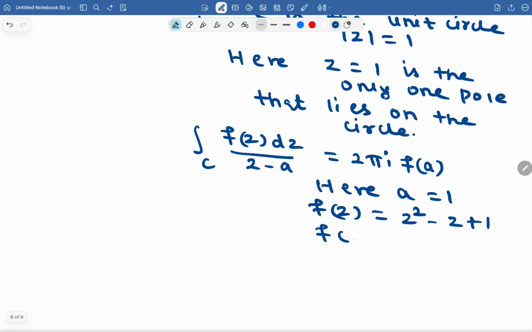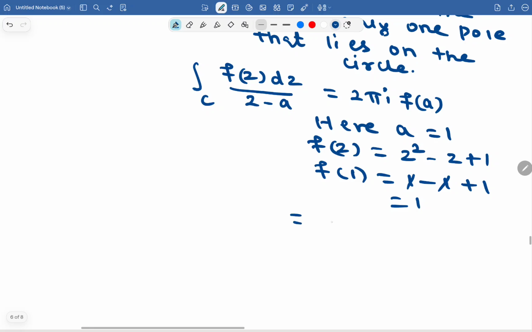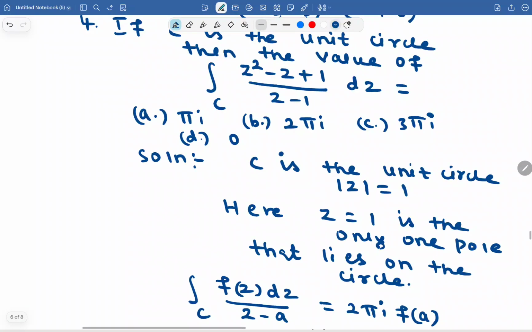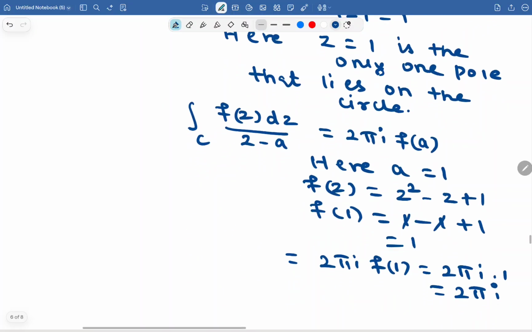What is f of a? That is f of 1, which is 1 minus 1 plus 1. Answer is 1. Therefore, 2 pi I into f of 1 is 2 pi I into 1. Answer is 2 pi I. For this problem, second option B is the correct one.